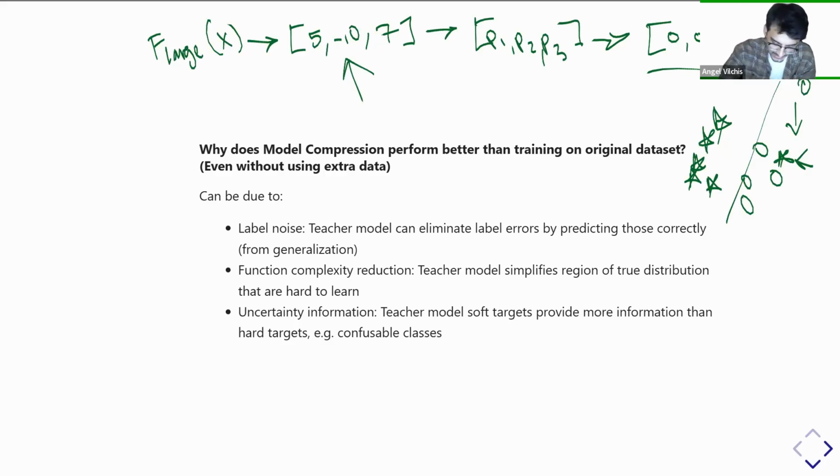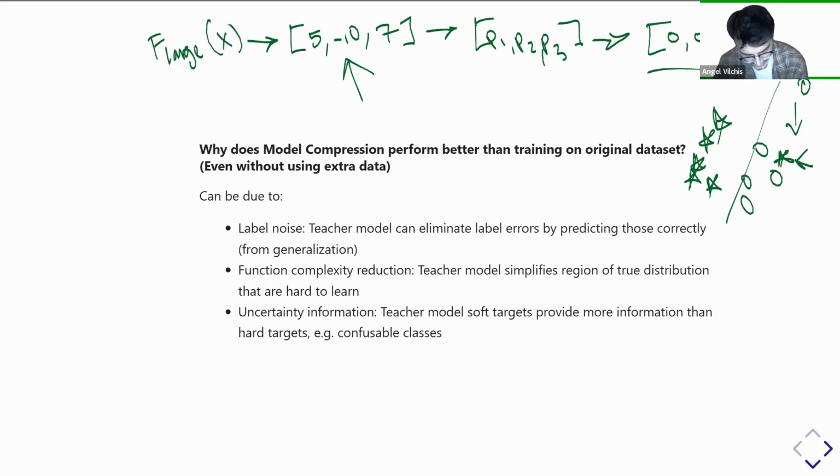And then the other one we kind of touched on in the model compression paper is that the teacher, or the large model, simplifies the function to learn for the student model, the small model.